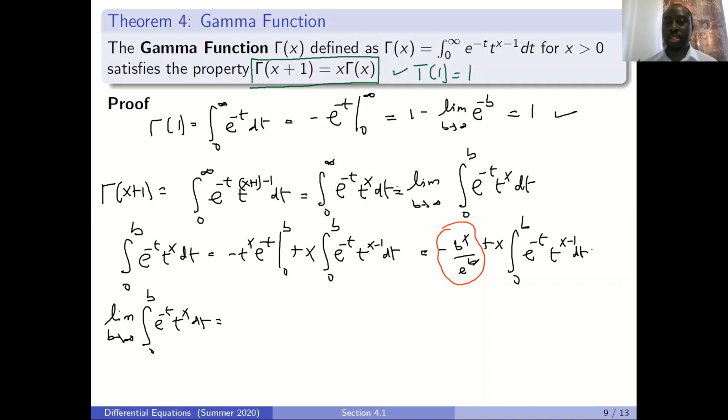As b goes to infinity, this ratio is going to go to 0. So this goes to 0 as b goes to infinity.